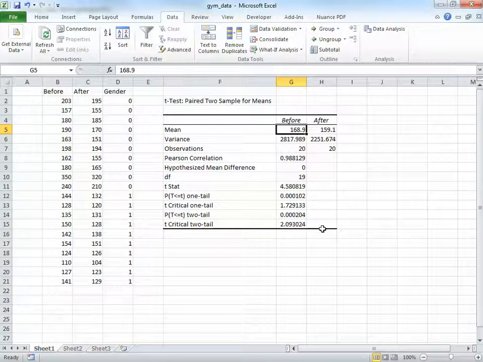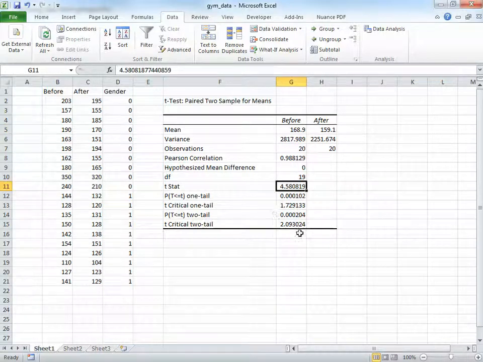So the mean weight of all the individuals, men and women, before was 168.9 pounds. The mean weight after was 159.1 pounds. That's a difference of almost 10 pounds. Well, it doesn't sound like much relative to the total variance, but we're not asking it relative to the total variance. We're asking it, is the mean difference for each observation significantly different than 0?